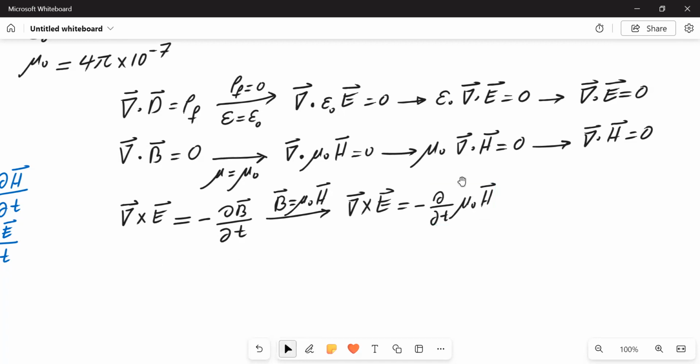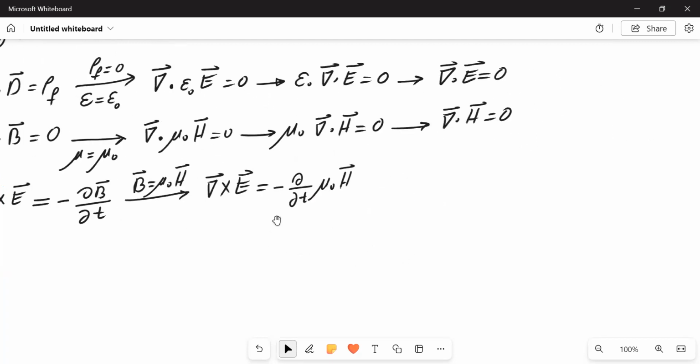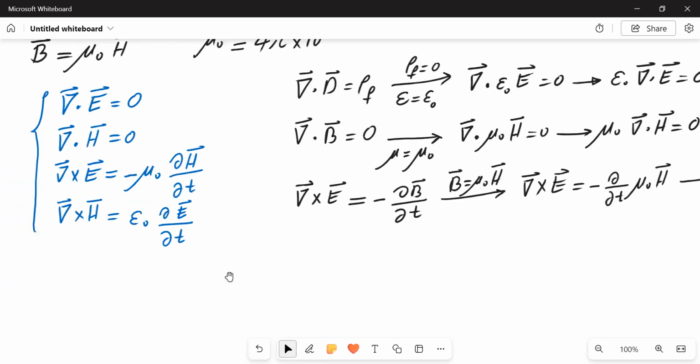Mu naught is a constant, I can bring it out from behind the partial derivative operator, and we end up with curl of E being minus mu naught times the partial time derivative of the magnetic field. That gives us the third equation.